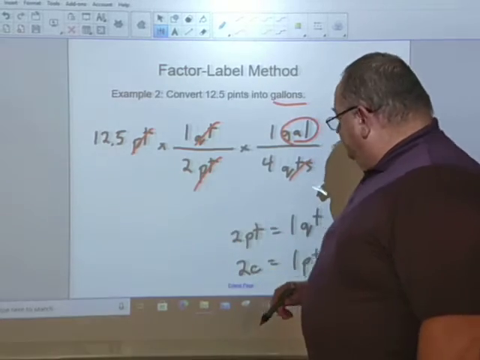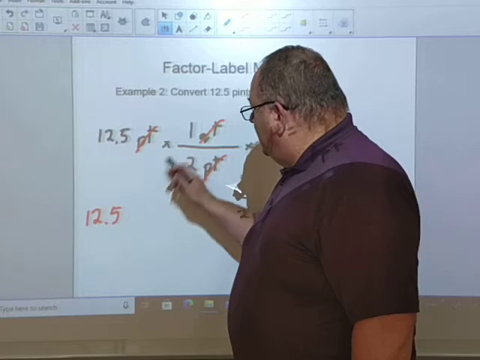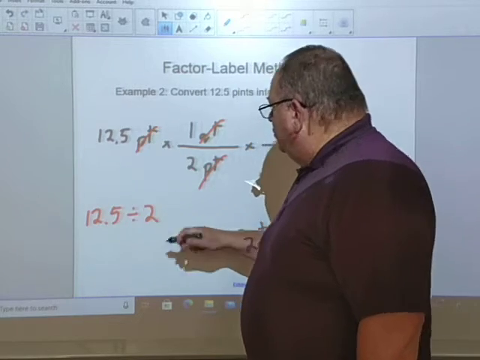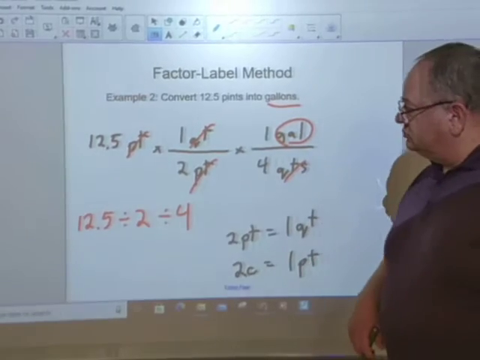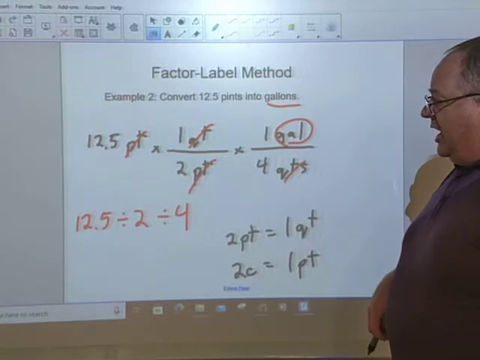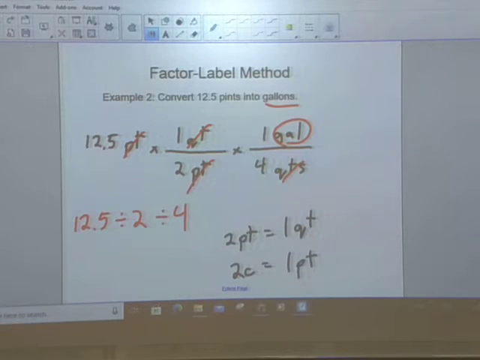So my math that I would type in, I'm going to take 12.5 divided by 2, divide again by 4. And if I do that, you know what? I need a calculator handy.